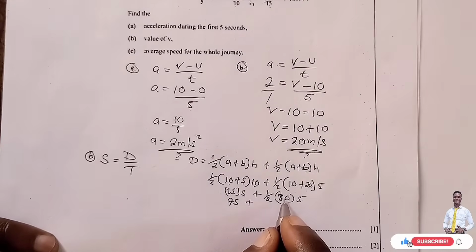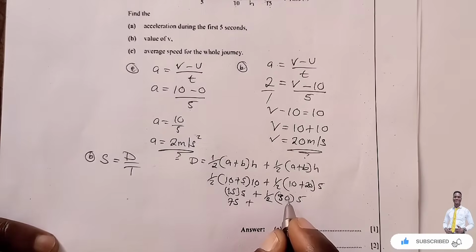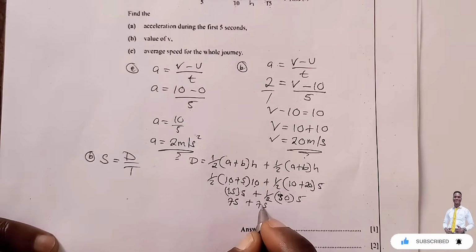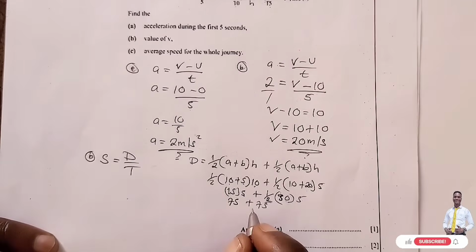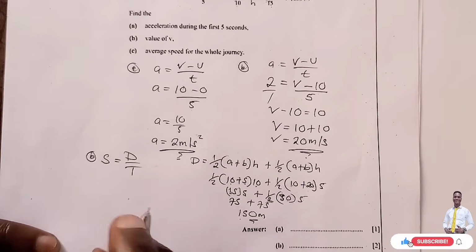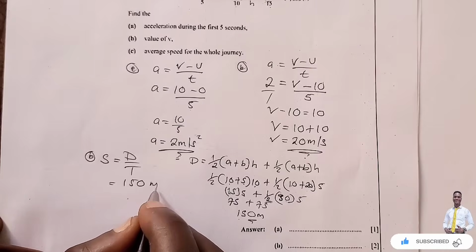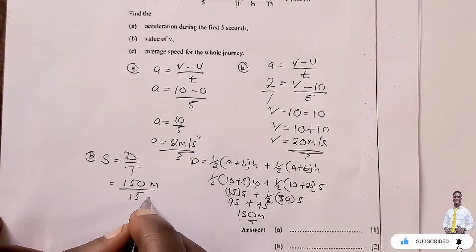What is half of 30? 15 times 5? Same, 75. 75 plus 75, 150. So 150 meters. So distance here is 150 meters over 15 seconds.